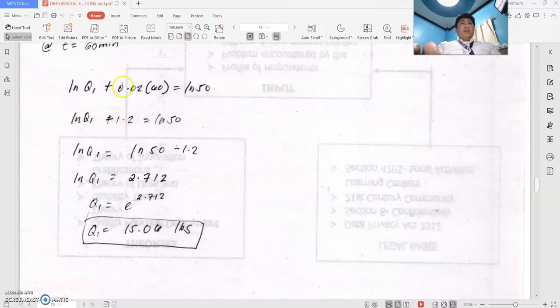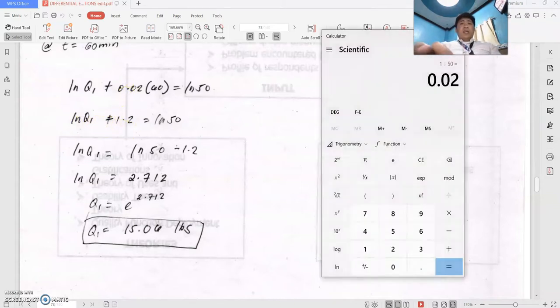So you have 0.02 times 60 equals 1.2. Okay? And then 1.2 is deducted from ln 50. So ln 50 minus 1.2, you have 2.712, etc.